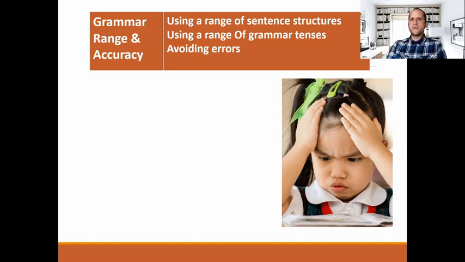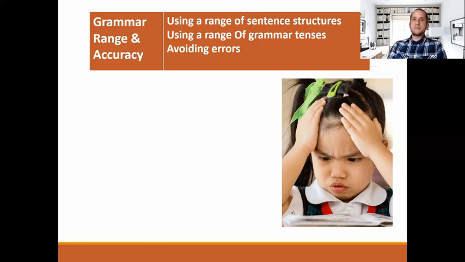So what we want to avoid is confusing our listener. Remembering that it's not so much about grammar in your IELTS test. You shouldn't be sitting there in your speaking thinking, oh, what tense am I going to impress the examiner with? Really what we're trying to do is we're trying to communicate. It's a little bit late to be really thinking about grammar structures in the test. What we're focusing on is not confusing the examiner.